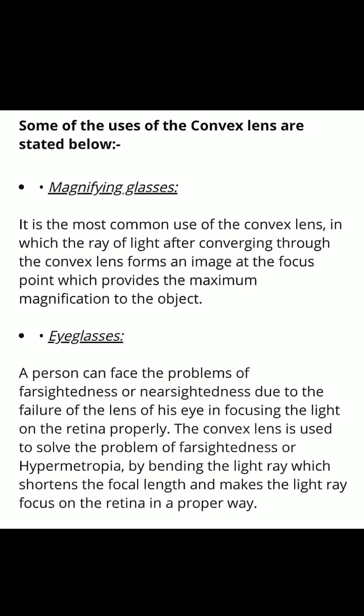That means it will not focus when they see a nearer object. But when they see a far away object, the vision is clear. When they see the nearer object, it is hazy, because the image is formed behind the retina. So to adjust the focus of the refracted light and form the image on the retina, we use the convex lens, because a convex lens is a converging lens.